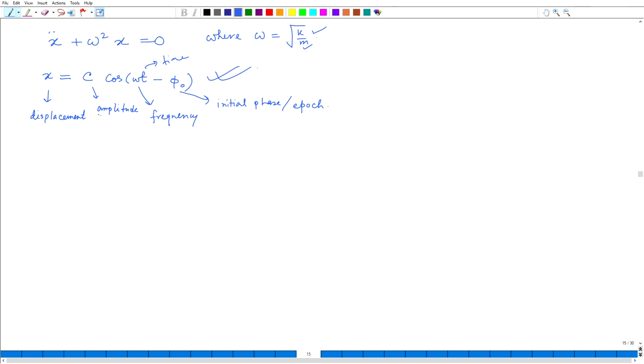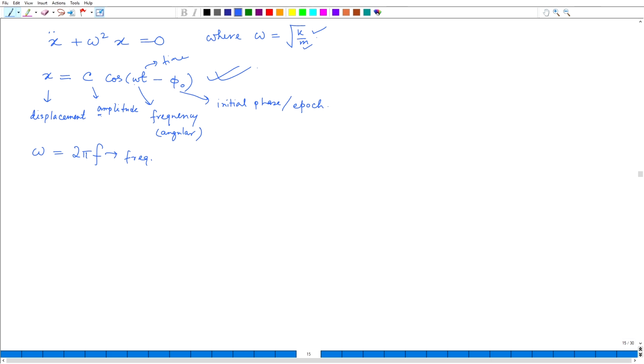So this is all about the vocabulary. Finally, this is the amplitude, and that gives me the measure of the maximum possible displacement. Omega we say is the frequency, but it is actually the angular frequency. Omega is nothing but 2 pi f, where f is the true frequency, and it simply says how many times the oscillator oscillates completely in a unit interval.